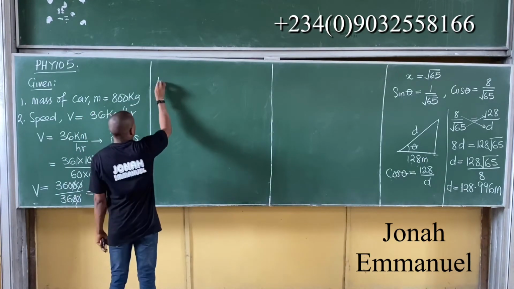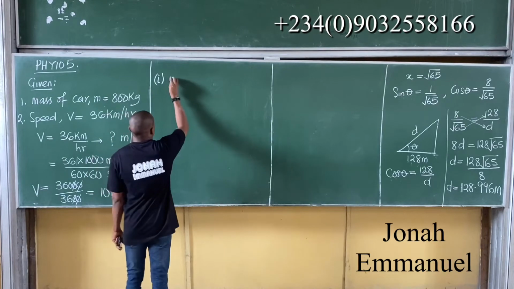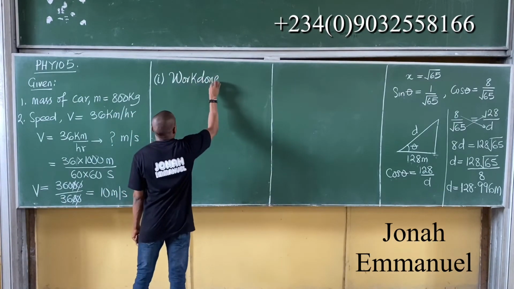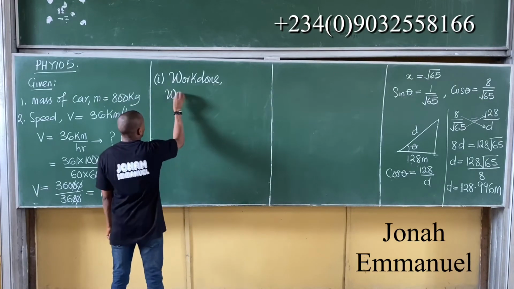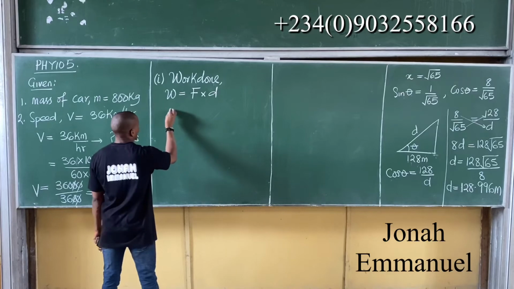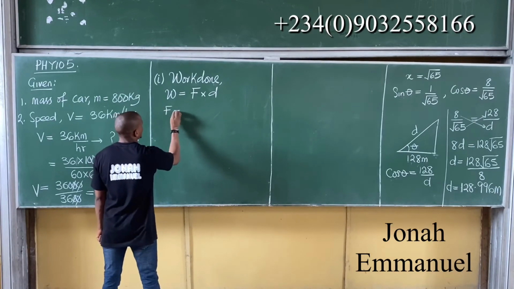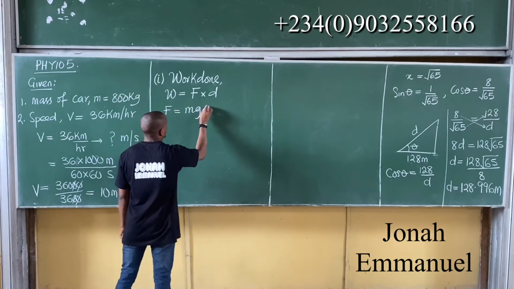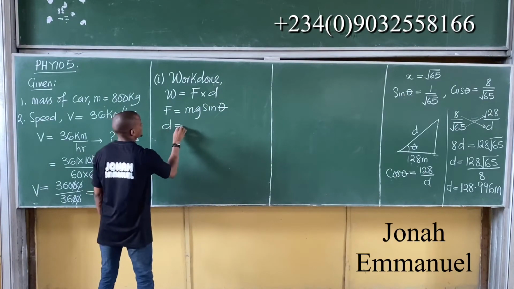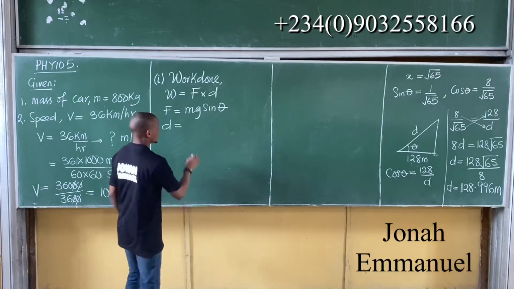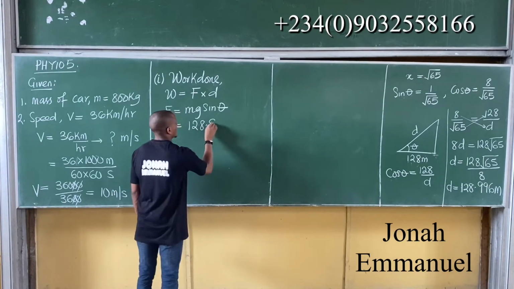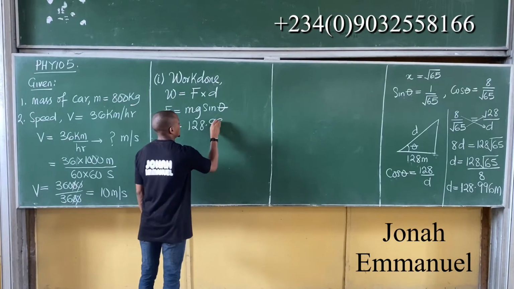So number 1, we have that the work done by the car, W, is equal to force times distance. We said force is equal to mg sin theta, and the distance after calculation was 128.996.